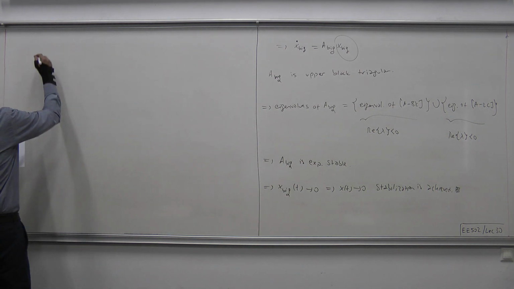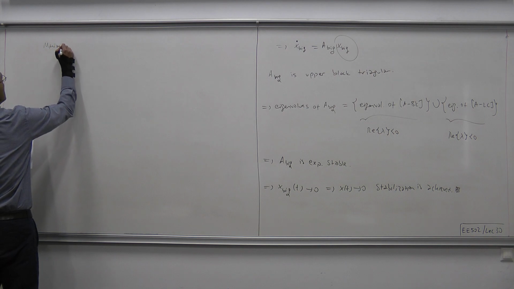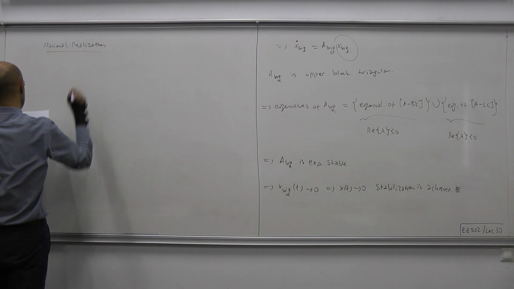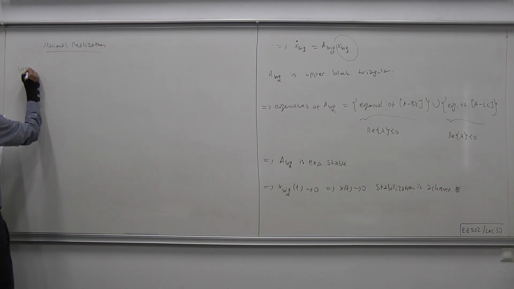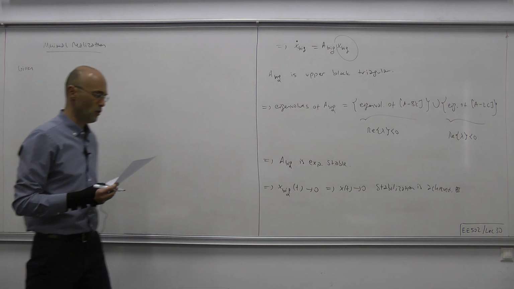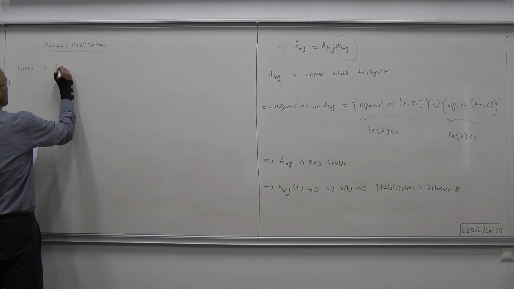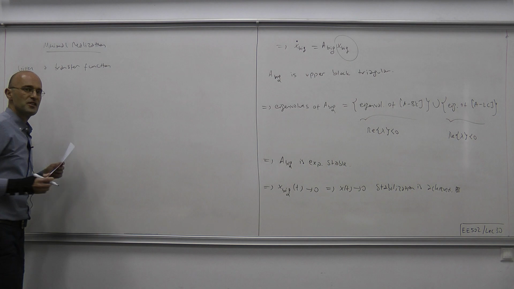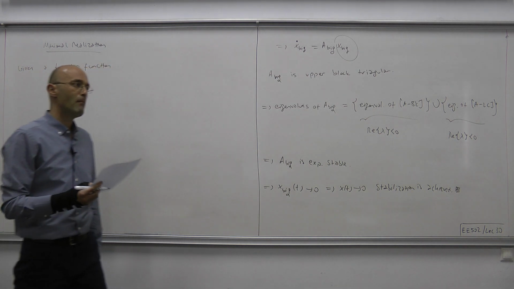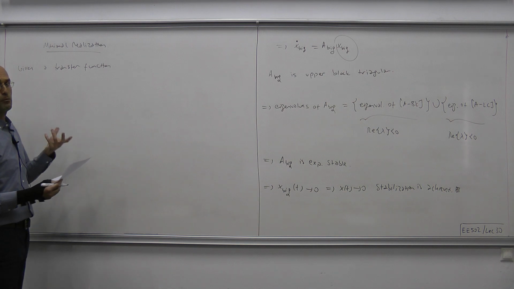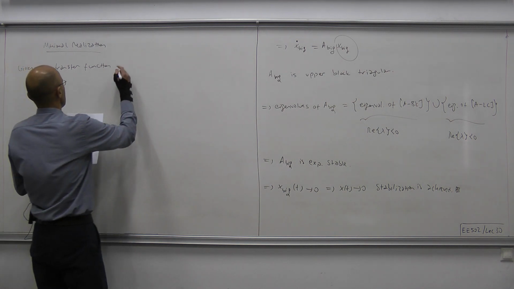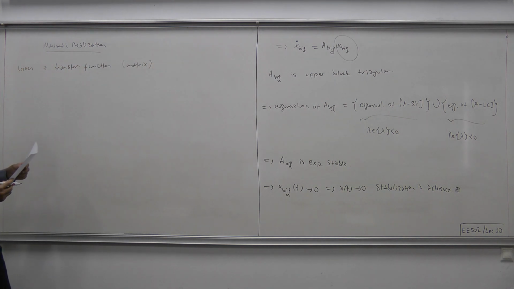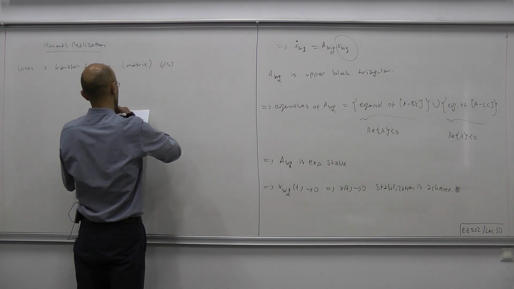Minimal realization. So suppose we start with a given transfer function, G of s. We know that for the general case where we have a multi-input, multi-output system, that transfer function in general is a matrix, called G of s.